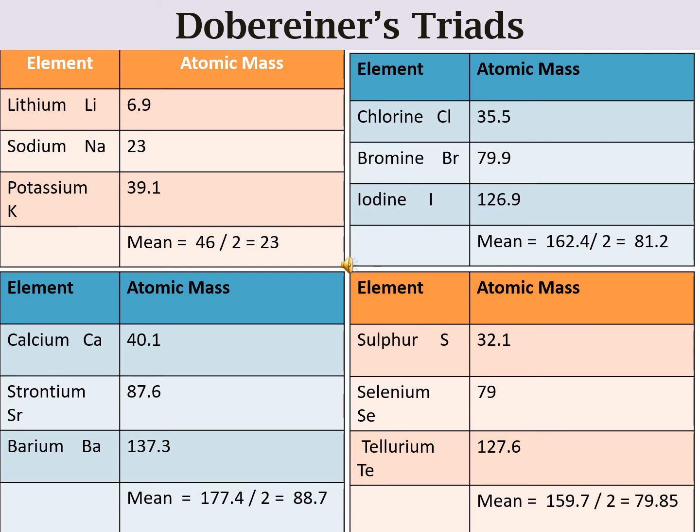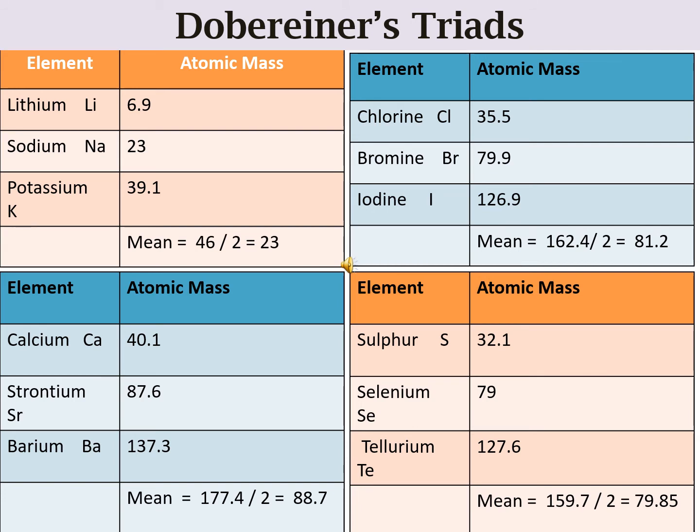So if you look into the electronic configuration, you will find that lithium, sodium and potassium, all 3 of them have just 1 electron in their valence shell or the outermost shell. Since they have only 1 electron, they will show similar chemical properties.